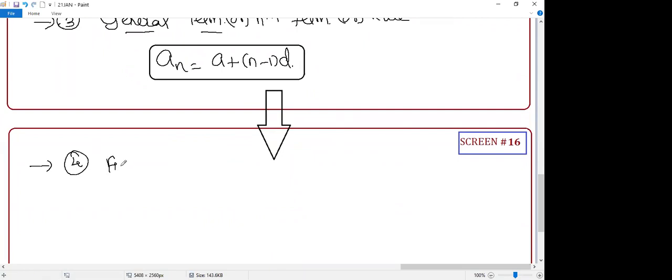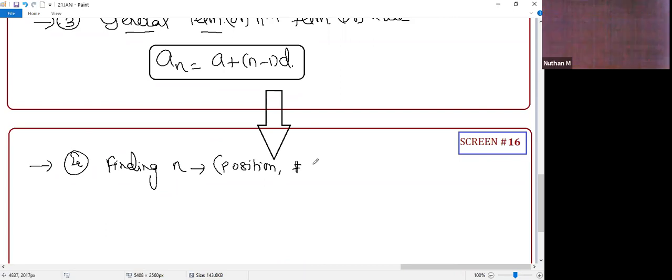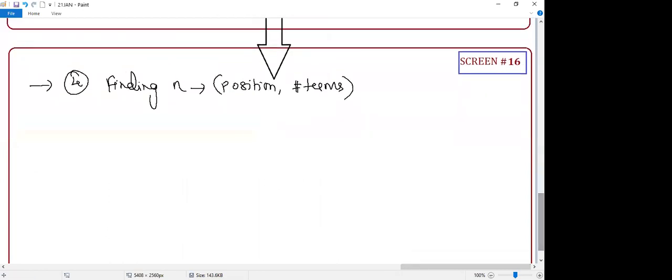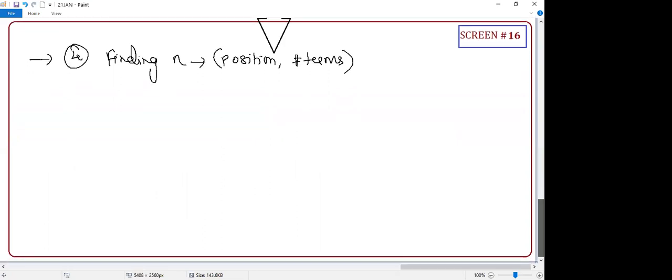Finding N: what is the meaning of N? Position, number of terms. Also, it will be used to justify whether the term is present or not. I'll tell you that.